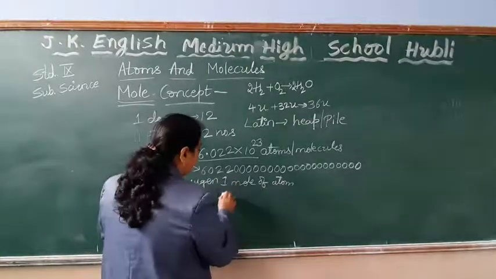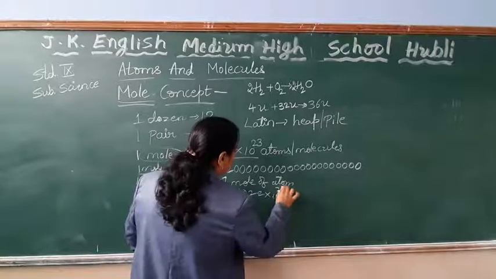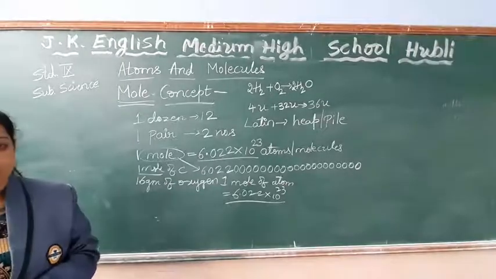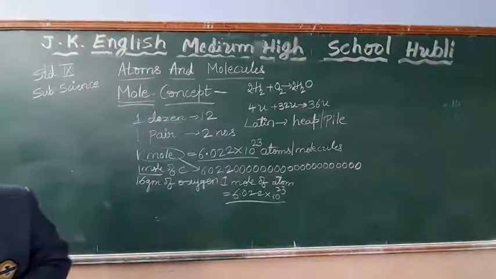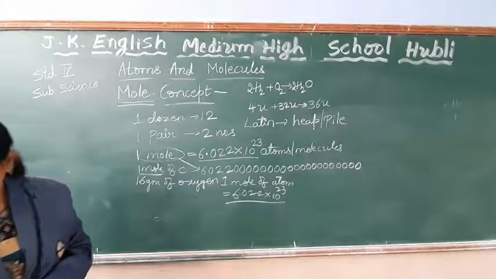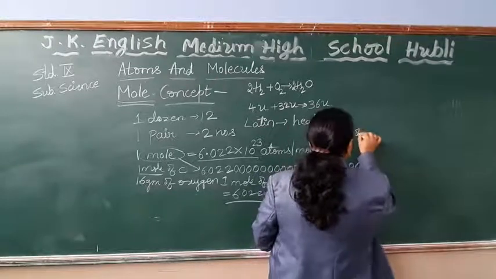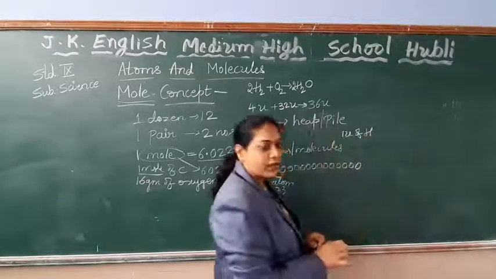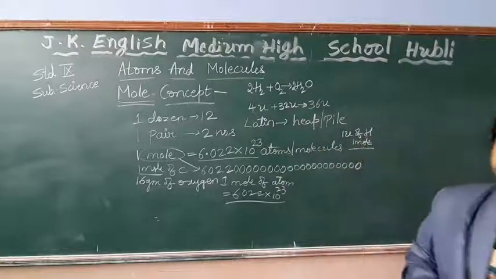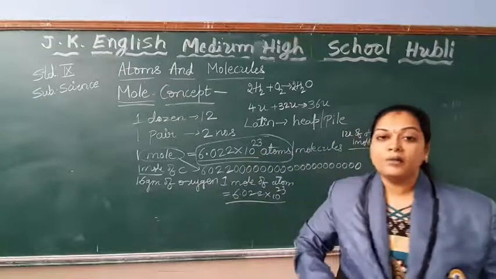You come to know that 6.022 into 10 to the power of 23 atoms are present. Like this, 1 gram of hydrogen has 1 mole of atoms, which means this many atoms are present.